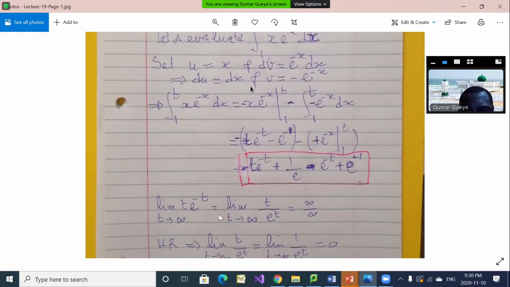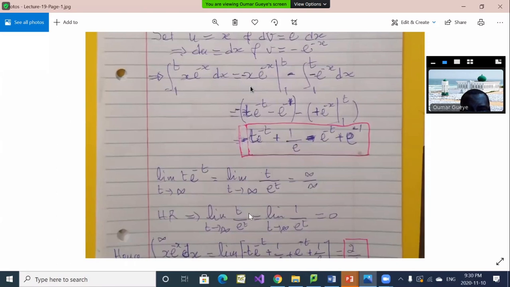Just keep in mind, I'm just calculating the limit of the first term, because the limits of the other terms are easy to get. But the first term is a little bit complicated because of the presence of the indeterminate form. When I get it, I'm going to go back to this step and then calculate the limit.